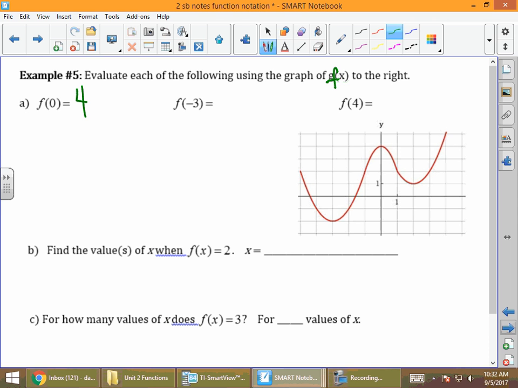Did you get 4? And what does f of -3 equal? See if you can get it before me. It's going to be -2. F of 4. 1, 2, 3, 4. 1, 2, 3, 4, 5.